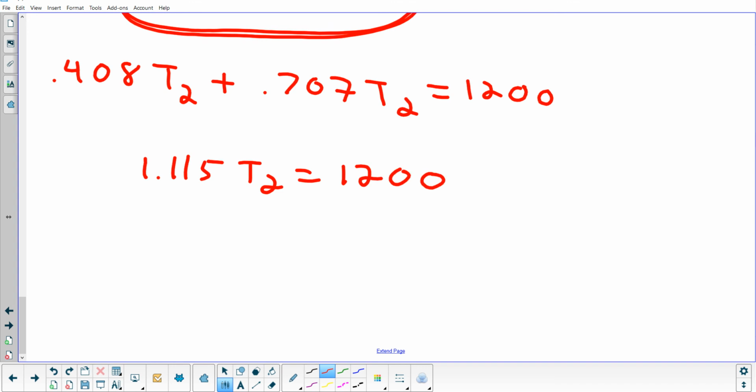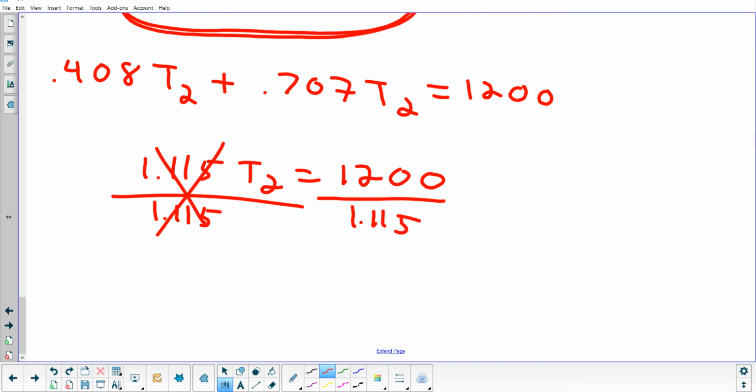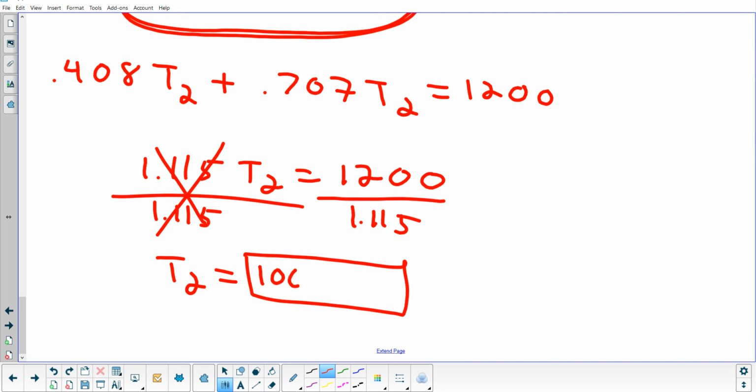And last thing I need is to divide 1200 by 1.115. I got 1076.23. Okay, so that's the tension in cable 2.